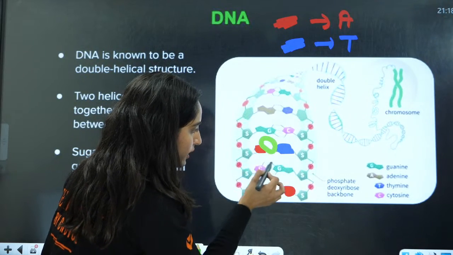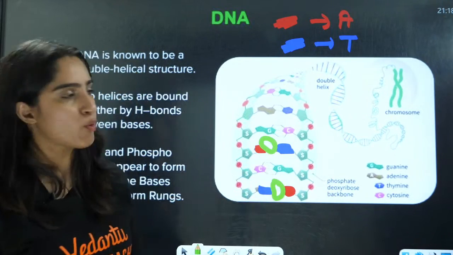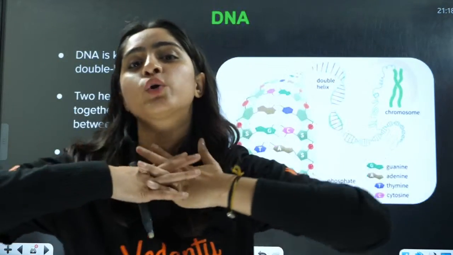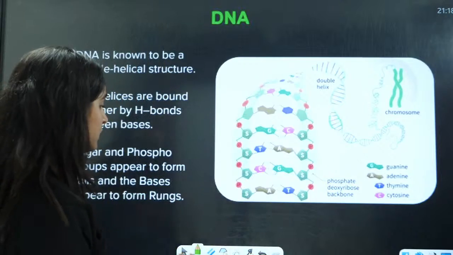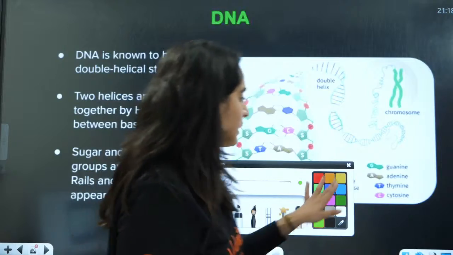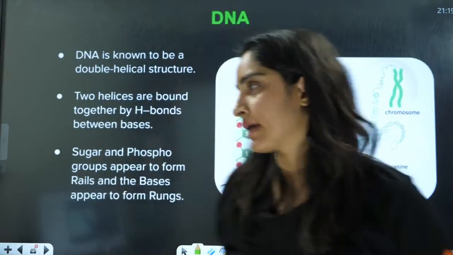There will be hydrogen bonds here, and that is how these bases are linked to each other, giving it a double alpha helix structure.